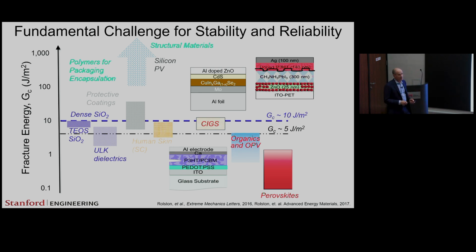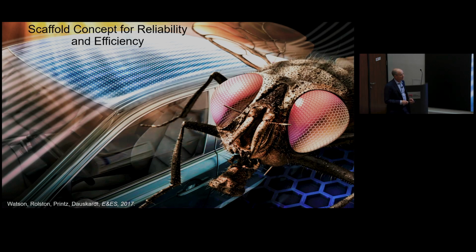So one of the important things is to think about how do we design with fragile materials. Now, perovskites aren't the only fragile materials. The batteries that you have in your cell phones are fragile materials. They contain liquid electrolytes. They have to be mechanically supported and shielded from the outside world.